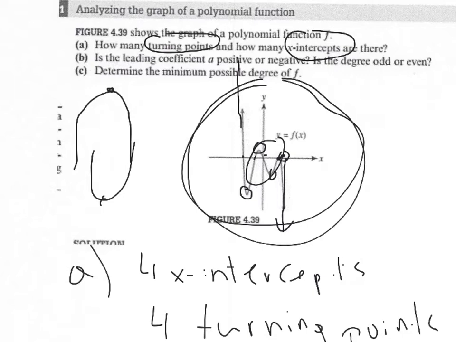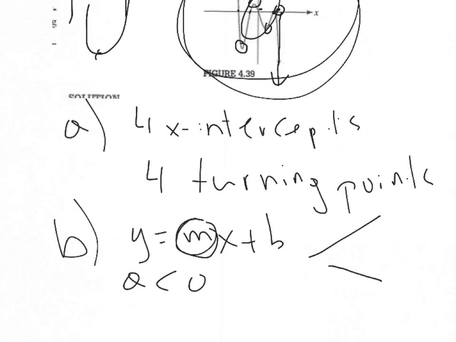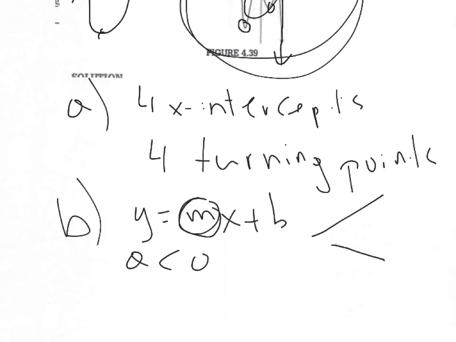And now, is the degree odd or even? Degree is the highest exponent. If the degree is even, the parabola looks like a U-shape.